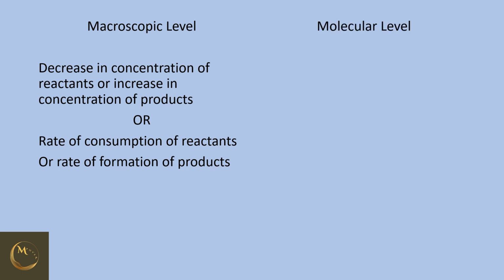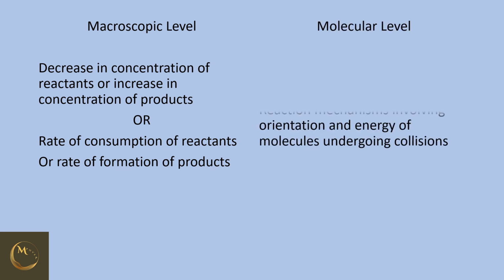But at the molecular level, we are interested in finding out the reaction mechanisms involving orientation and energy of molecules undergoing collisions. Now, in this chapter, we are going to deal with the average and instantaneous rate of reaction and the factors affecting these. Are you ready?